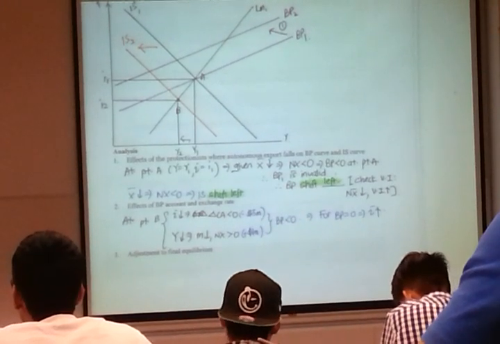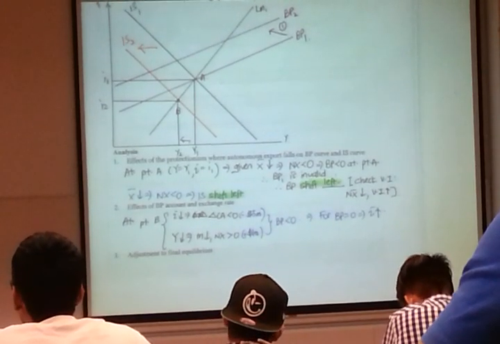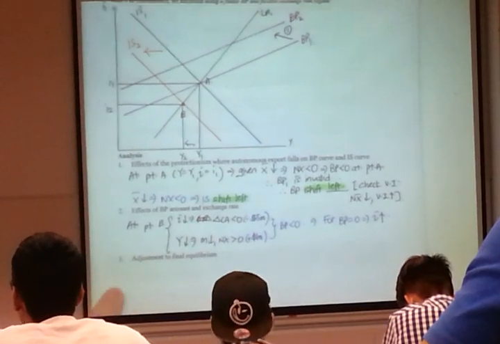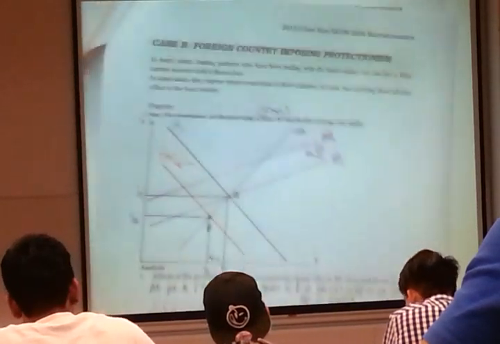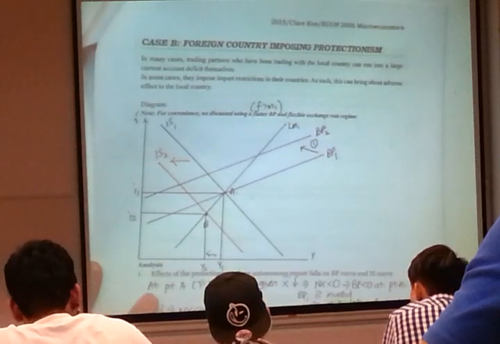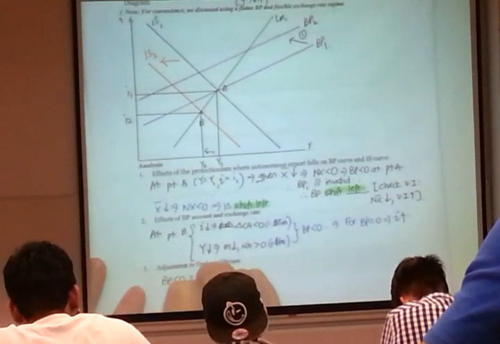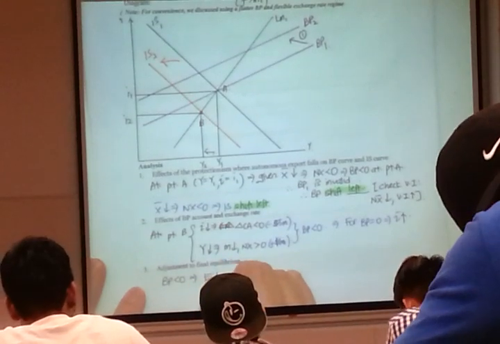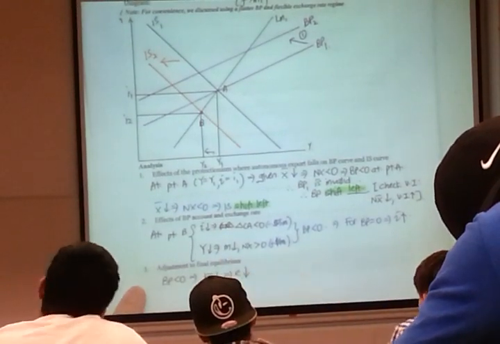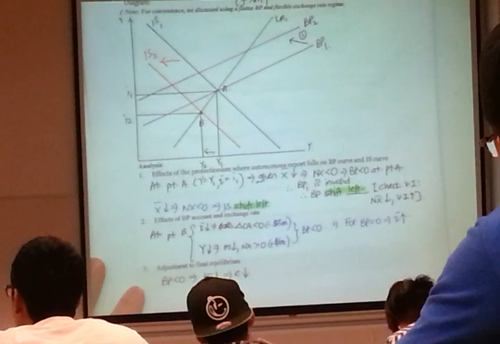We are not sure yet, but we know interest rate has to go up. So we are doing flexible exchange rate as given in the assumption. So BP deficit, currency will weaken in nominal and real terms.